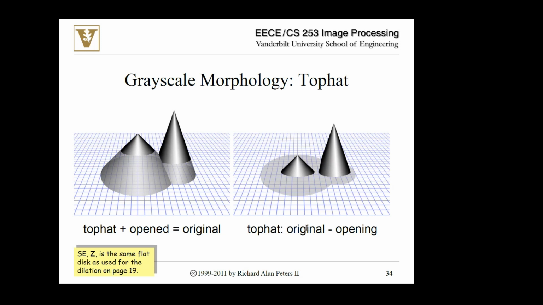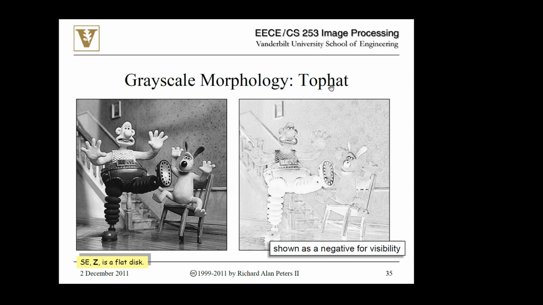When you compute the opening, you are cutting some regions, and the top part is what you have cut. So it is original minus opening. The very bright points were removed by the opening, so these are the bright points. Now we have a bright point detector.